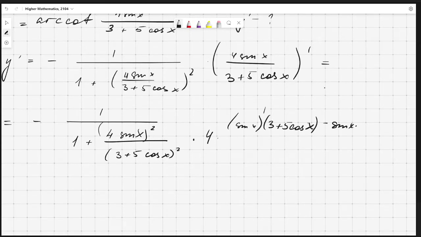The derivative of the denominator over the denominator squared.